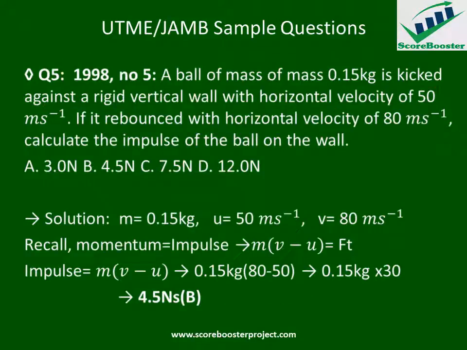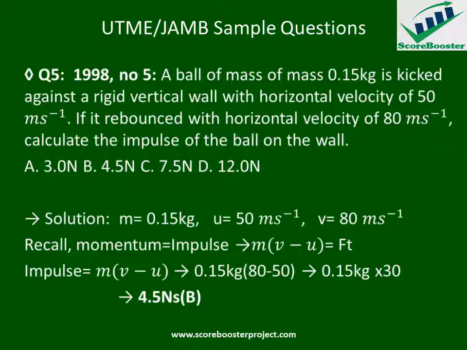The next question we shall be considering comes from 1998, number 5. A ball of mass 0.15 kg is kicked against a rigid vertical wall with horizontal velocity of 50 meters per second.